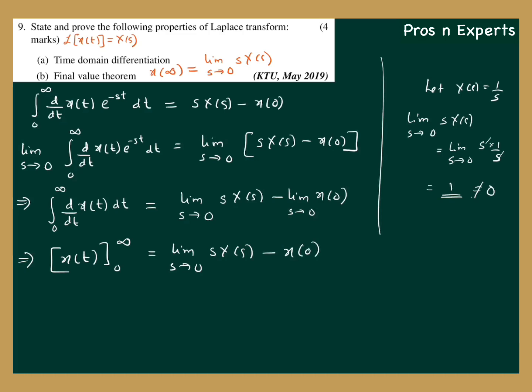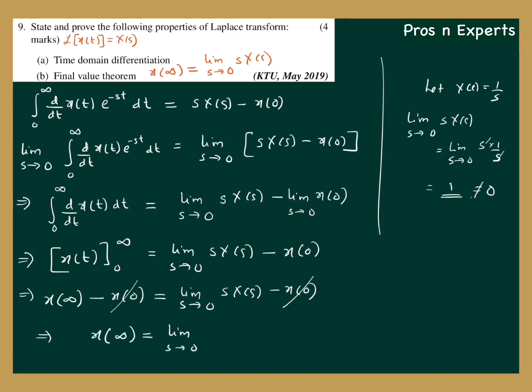There is no s term, no variable. Now applying the upper limit, you will get x of infinity minus, applying the lower limit, x of 0, equal to limit s tends to 0 of s into X of s minus x of 0. You can cancel x of 0 and x of 0. And what you can obtain finally is x of infinity is equal to limit s tends to 0 of s into X of s, and that itself is the statement of the final value theorem. So proved.